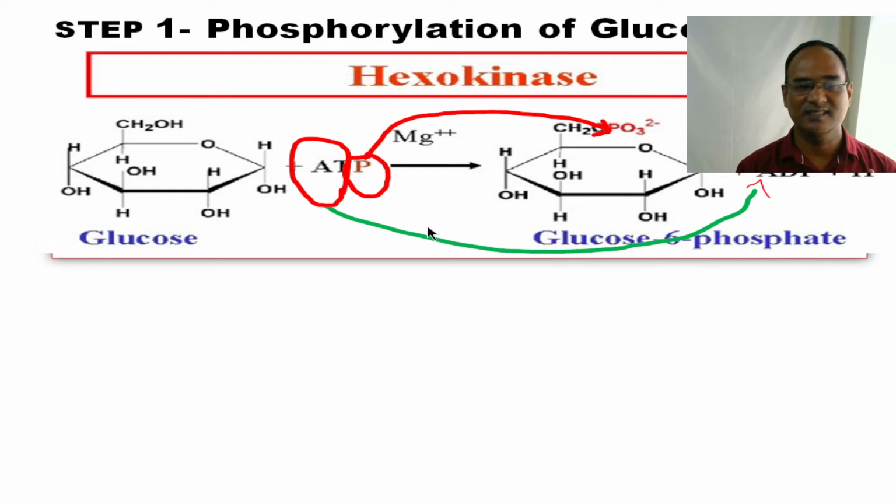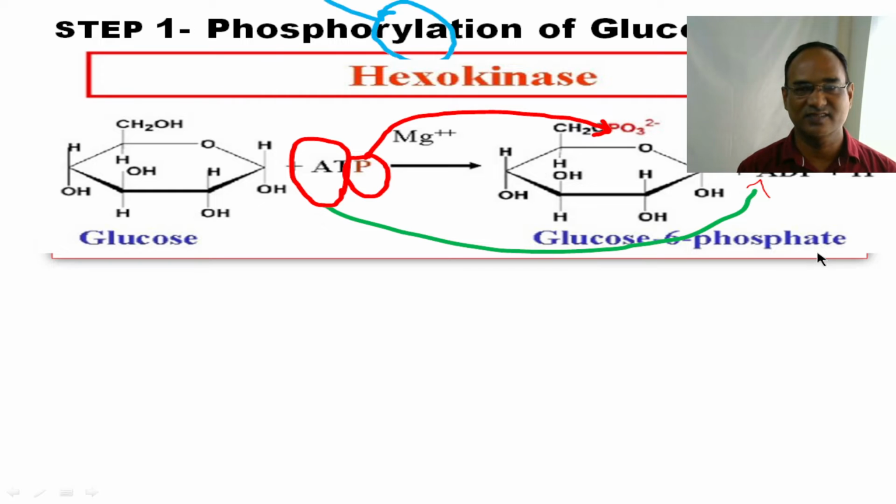Then adenosine diphosphate will be liberated, and a hydrogen ion is released in this category. So this is glucose, and the ATP gives one phosphate here and makes it glucose 6-phosphate.